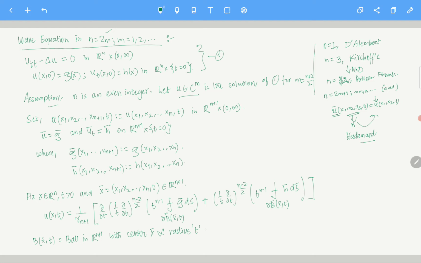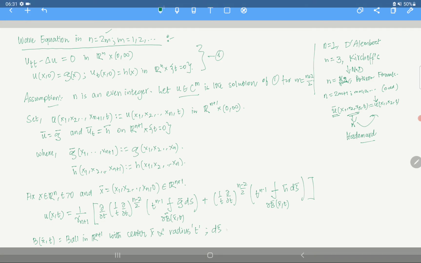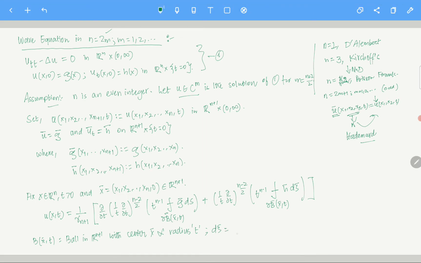Of course, what is dS bar? That denotes the surface measure, if you want to put it properly. Otherwise, think of this as a surface element on the boundary of B bar(x bar, t).